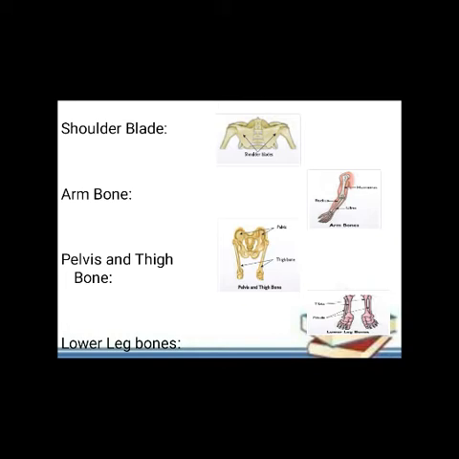With the help of the joint here, we can move our arm, and the arm bone is divided into three segments, that is the upper arm, lower arm, and the hand part. Upper arm has a single long bone which is humerus, and the lower arm has two bones named radius and ulna, and the hand part has three segments: wrist, palm, and fingers. Almost over 26 bones will be present there.